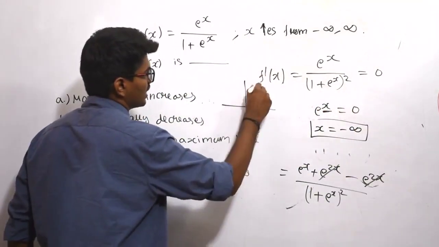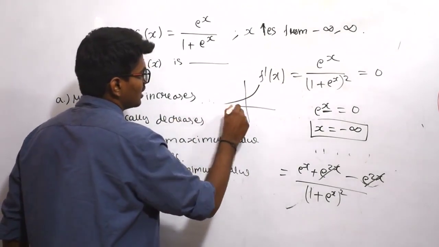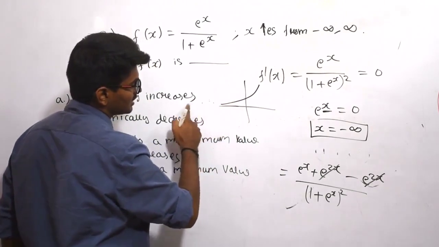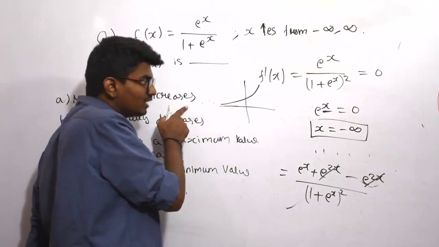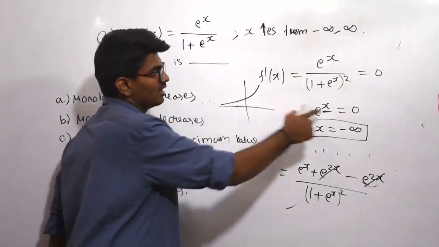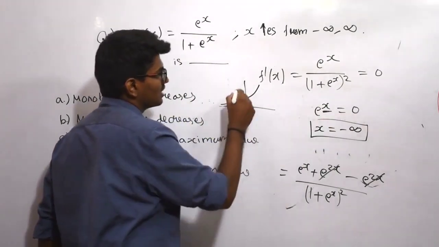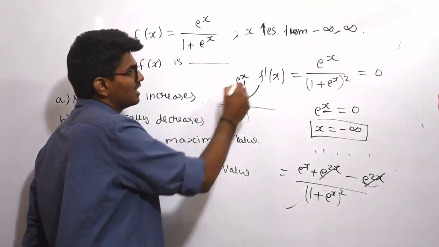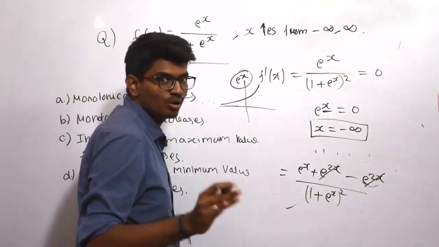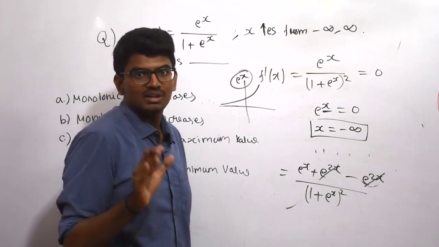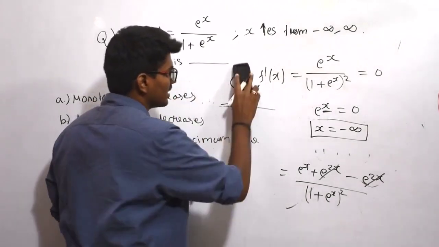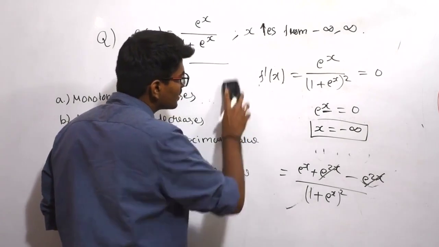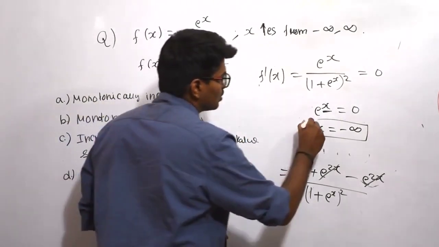I drew the curve and explained the exponential value: as x tends to minus infinity, my y value, which is nothing but e power x, will become 0. Just go back to the exponential and logarithmic video, where I explained it very clearly. So e power minus infinity is 0, so x is equal to minus infinity.